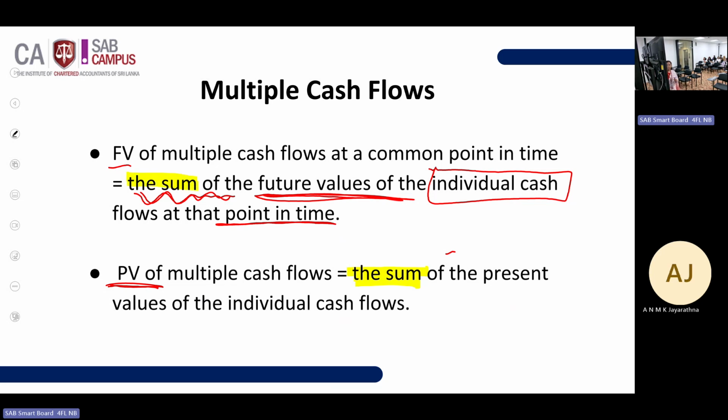That means collection, total, summation. Sum of which values? Present values of individual cash flows. It means taking the total, the sum.